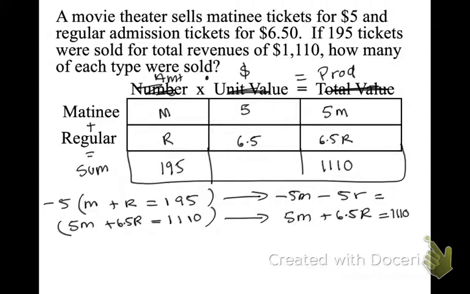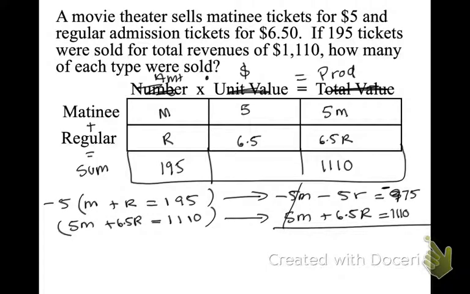195 divided by 5 is 39. Wait a second. I meant to do 195 times 5. 975. So that's 975. And it's a negative. So here we go.